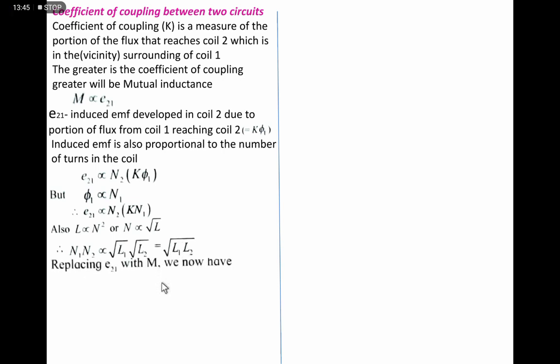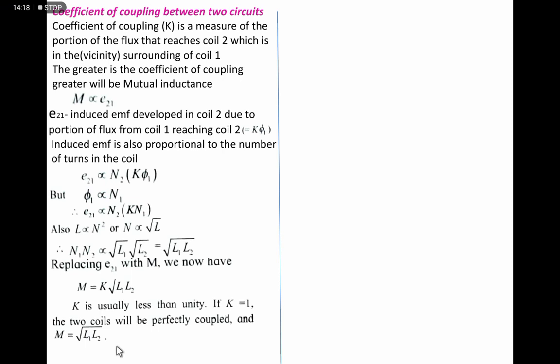Then the relation between mutual inductance M and the EMF in the secondary due to change in current in the primary is M equals K root L1 L2, where L1 and L2 are the self inductances in coil 1 and coil 2.